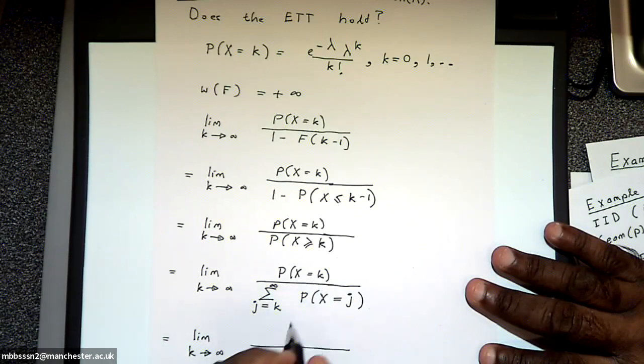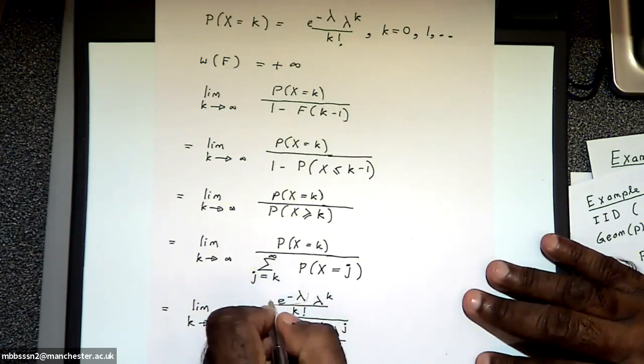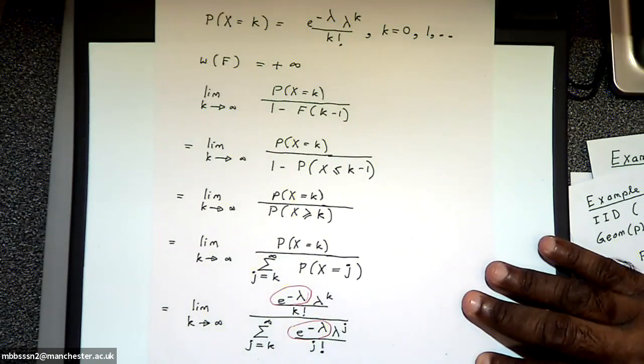Now this guy here we know is E of. Now you see that this one and this one, these are constants, yeah?